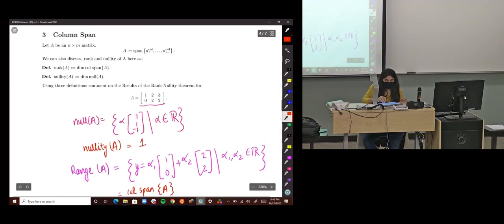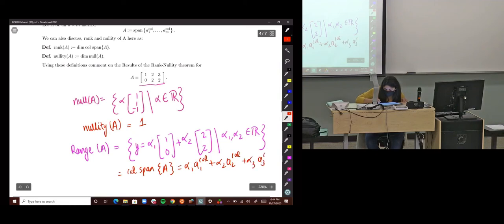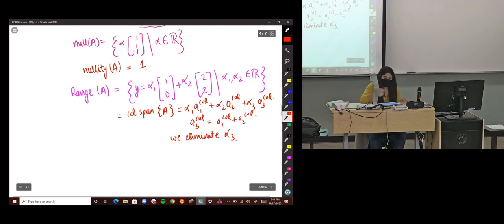column span of A, how do we know that? Because the column span of A is basically alpha 1 A1 plus alpha 2 second column plus alpha 3 third column. Again, we can say because the third column is a linear combination of the first and the second column, we eliminate alpha 3, and then the range and the column span are actually comparable.